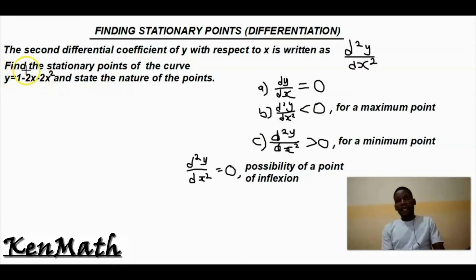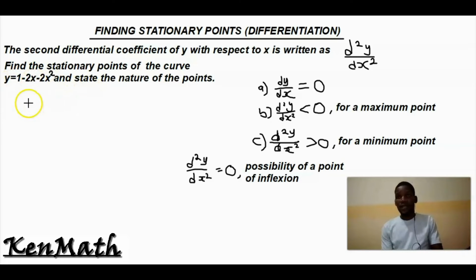Here they have said, find the stationary points of the curve and state the nature of the point. So they want us to state if it is a maximum point or a minimum point. The first thing we have to do is find dy over dx, the first one, not the second, of this function.